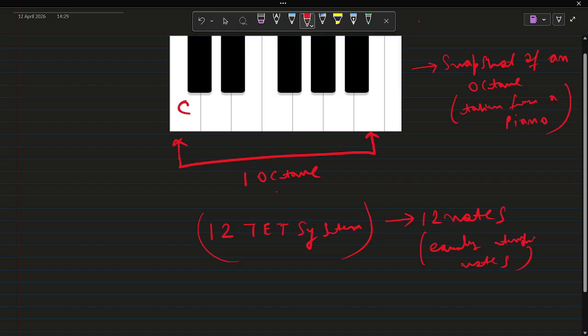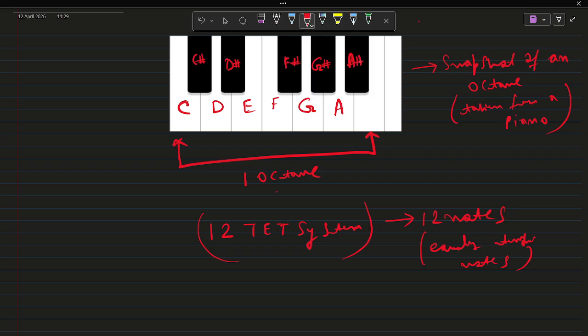Okay, so let me first define the notes here. Starting from C, we get here C sharp, this is D, D sharp, E, F, F sharp, G, G sharp, A, A sharp, B, and from here the same pattern will be repeated.